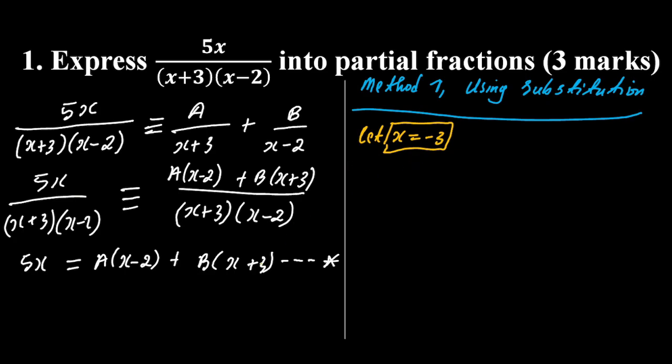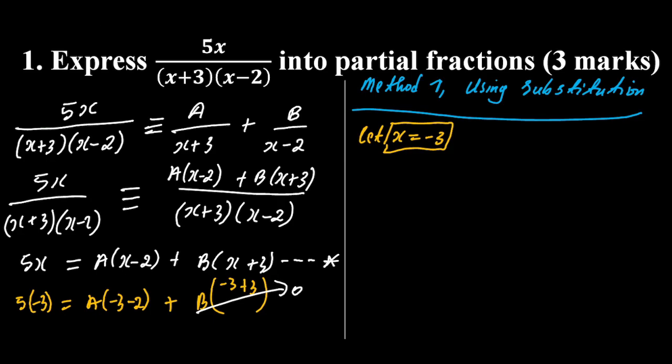If we let x be minus 3 in equation star, we notice that minus 3 plus 3 here is going to give us 0. So we're going to have 5 into minus 3 equal to A into minus 3 minus 2 plus B into minus 3 plus 3. What are we going to notice? This is going to give us 0.